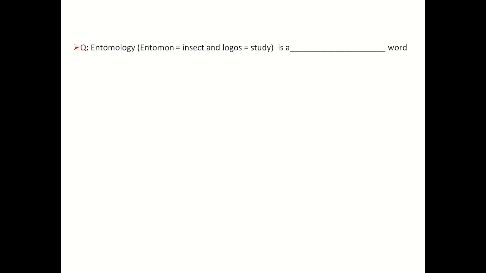Entomology is which word? Entomon is insect, logos is study. Study of insect is entomology. So entomology is a Greek word. Insects are originated during which period of Paleozoic era?